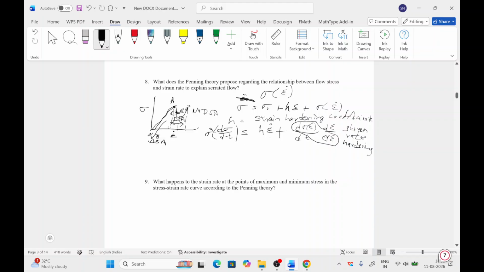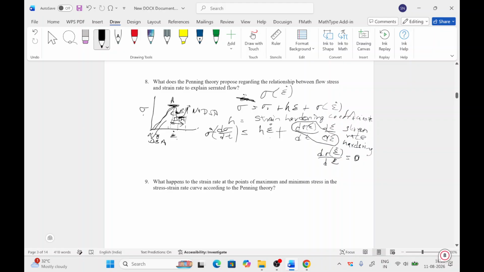So in this equation, if the strain rate hardening d sigma epsilon dot by d epsilon dot is zero in dynamic strain aging, so the slope of the curve at points A and B will be zero, means the strain rate hardening is zero.